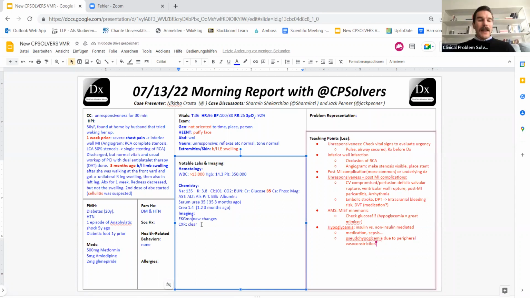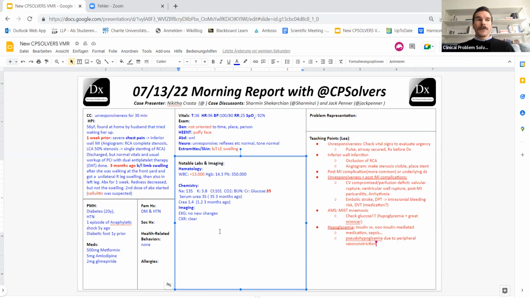So I think then, it seems as though we are dealing with minimal responsiveness, or as Charmaine said, acute encephalopathy, leukocytosis, hypoglycemia, maybe a slight AKI, and a clear chest X-ray with no EKG changes. And I will just build off of what Charmaine was saying in terms of the hypoglycemia discussion.